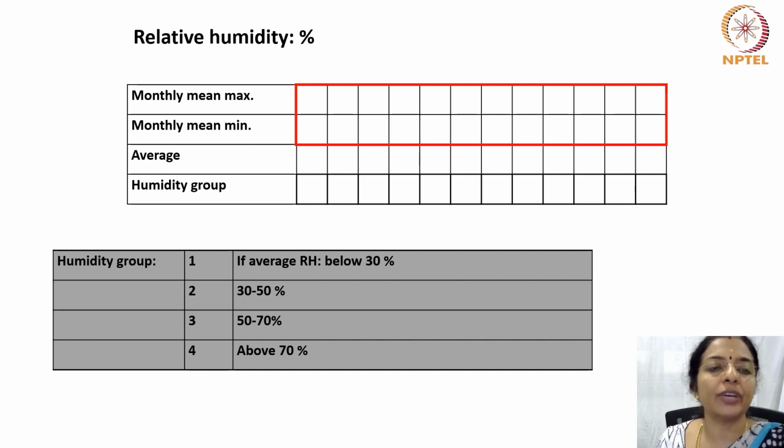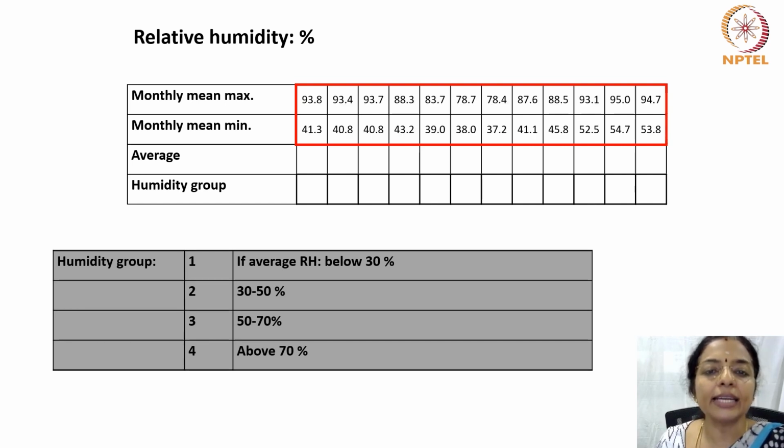You have to feed the monthly mean maximum and monthly mean minimum, and then this is how it will look. For Chennai, this is the monthly mean maximum and monthly mean minimum as got from the weather data file. Weather data of Chennai will give this for various months: January, February, March, April, May, June, July, August, September, October, November and December. This is how it will look.